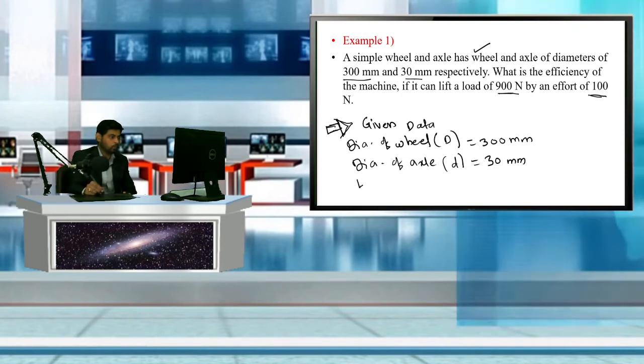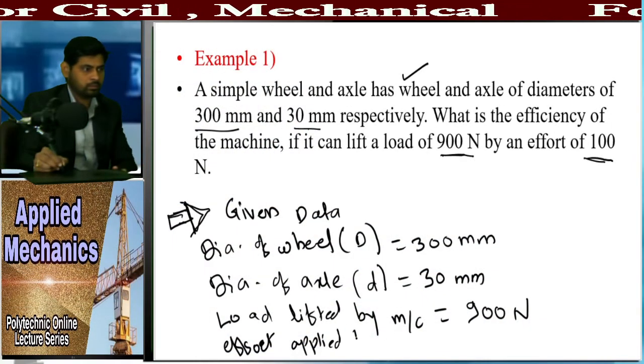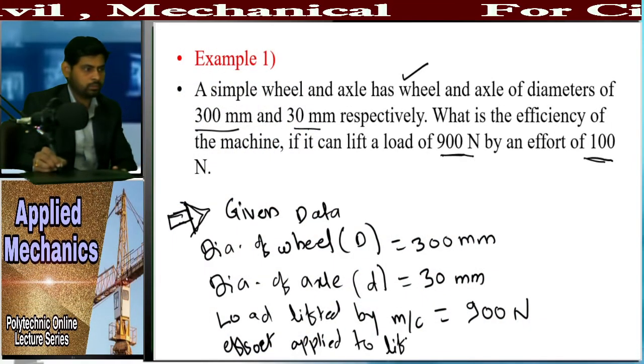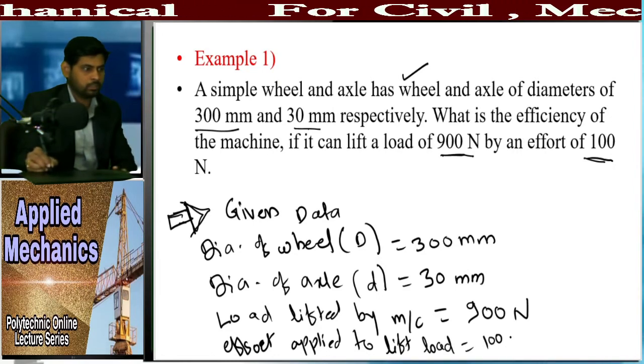Then load lifted by machine, that is how much? 900 Newton. And after that, effort applied to lift the load, that is 100 Newton.